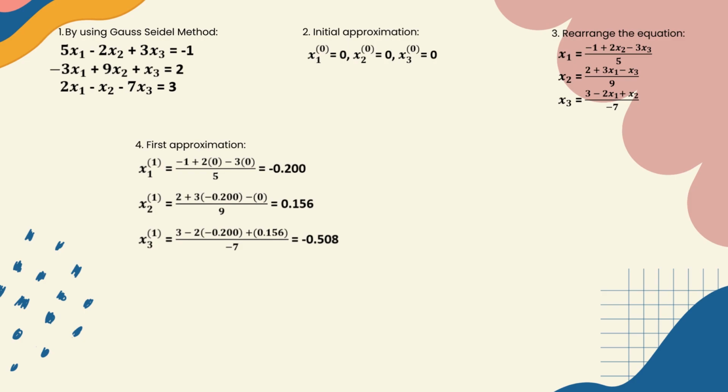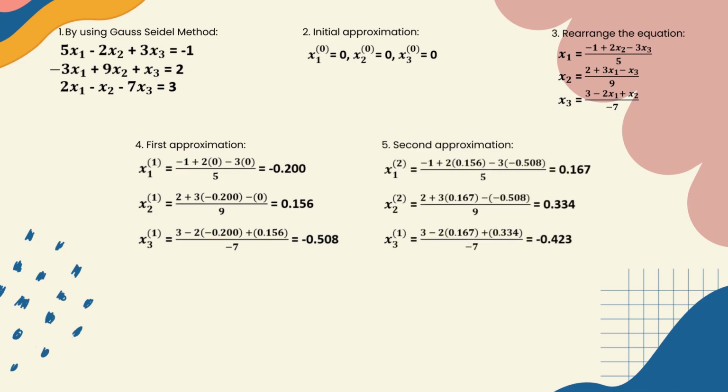For x3, we substitute the updated value of x1 equals negative 0.2 and x2 equals 0.156 into the equation. The calculation will be (3 minus 2 multiplied by negative 0.2 plus 0.156) divided by negative 7. It will give the value of x3 equals negative 0.508.